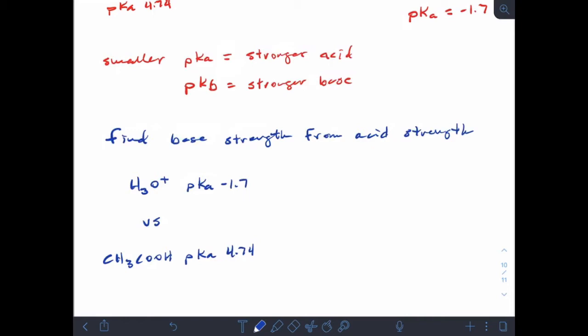So the conjugate of H3O plus is H2O. All right, so these are our acids, and these are our bases. The conjugate of H3O plus is H2O, and the conjugate of the acetic acid is the acetate ion. So our question here is, which is stronger?